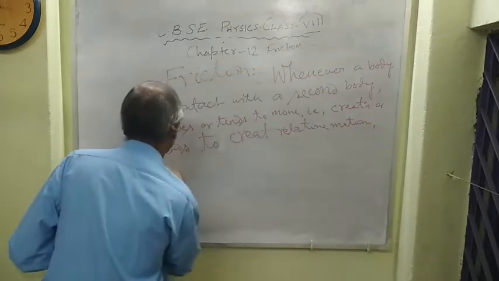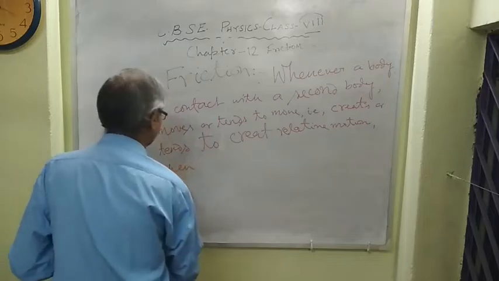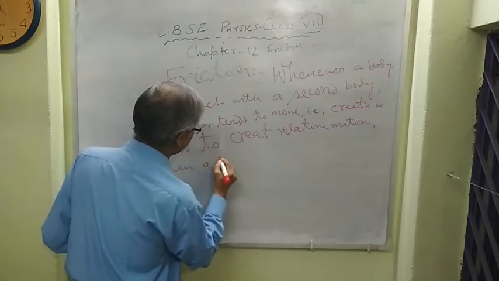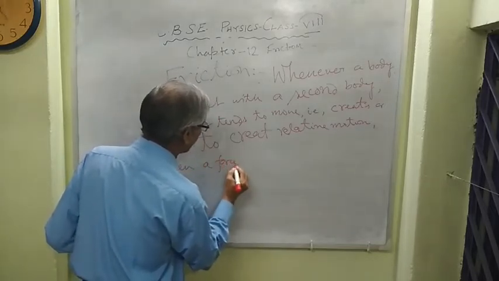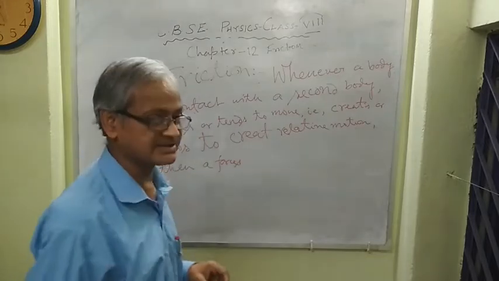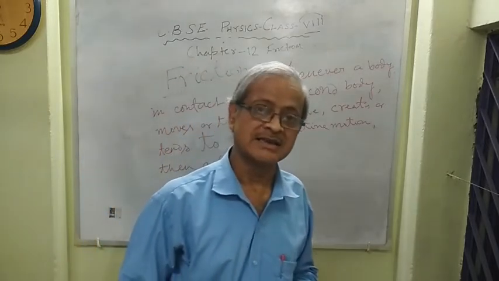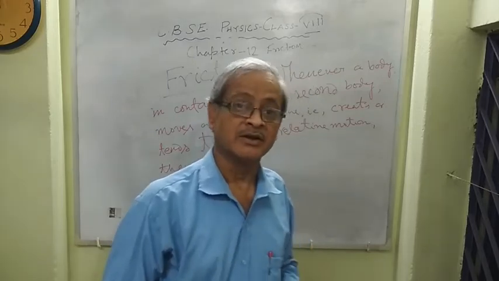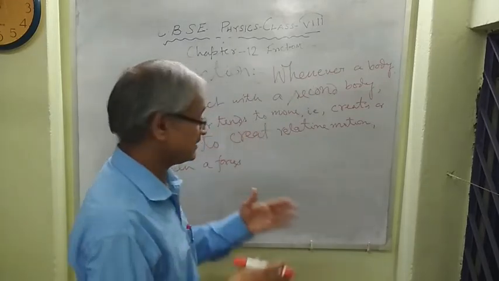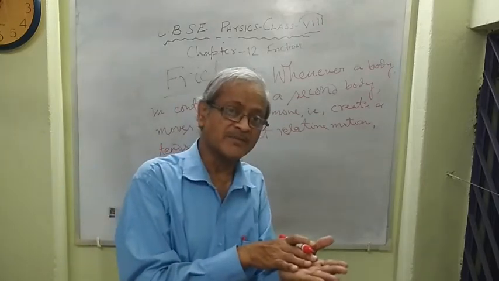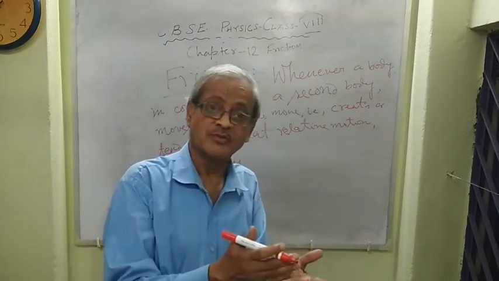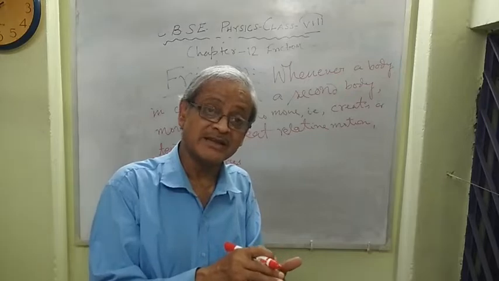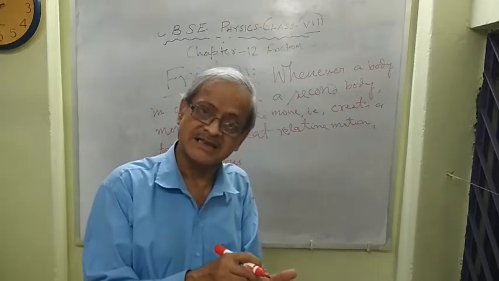Then forces, actually two forces, always in pair. Forces are always in pair. We know that relative motion of one body is with respect to another body which is supposed to be at rest.